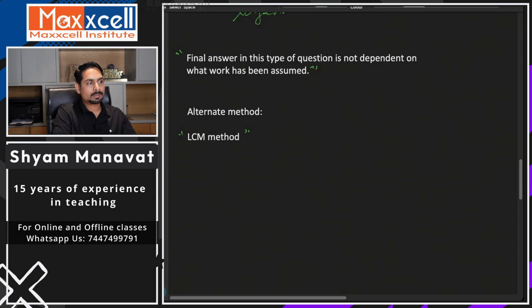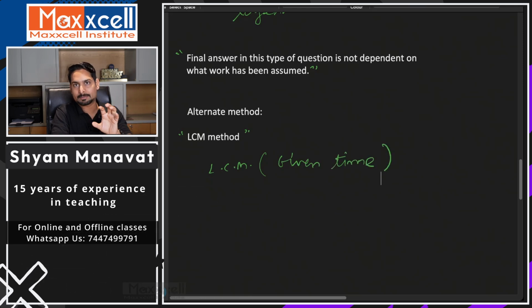With this LCM method, you take the LCM of all the given time, whatever time is given for A, for B, for together, whatever time is given in the question, you take LCM of all of them and assume that as work.